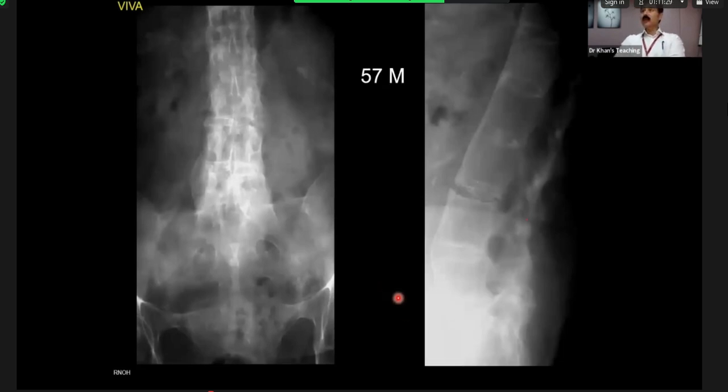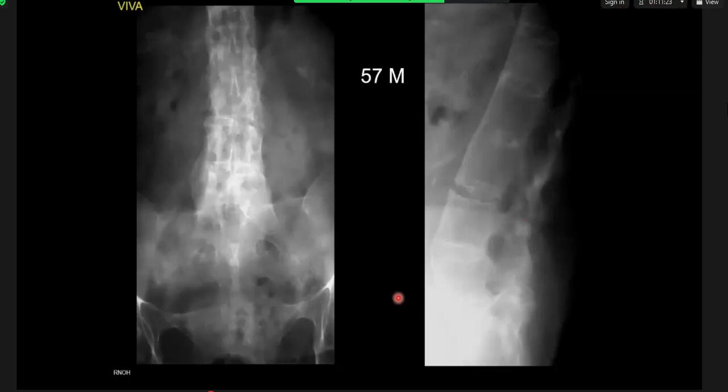Over to candidate 5. I'm presented with frontal and lateral radiographs of the lumbar spine of a 57-year-old male. There is ankylosis of the sacroiliac joints bilaterally and an extensive spinal ankylosis with syndesmophyte formation, causing the appearance of a bamboo spine.